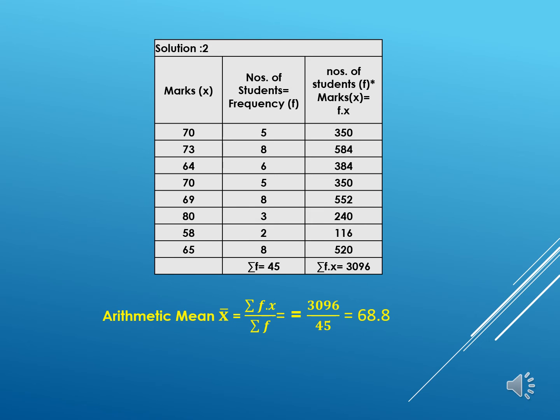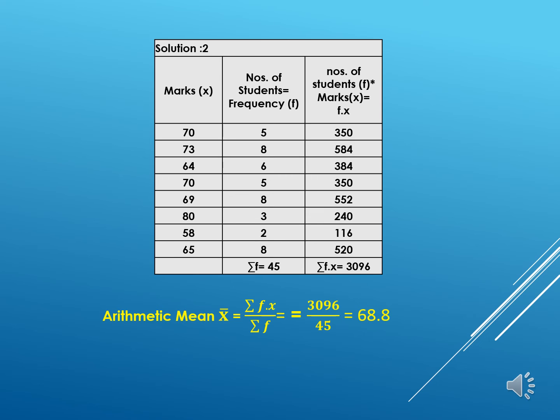So for the first row, the value 350 will be 70 into 5 equal to 350. Similarly, 73 into 8 is equal to 584. 64 into 6 is equal to 384. 70 into 5 is equal to 350. 69 into 8 equal to 552. And 80 into 3 is equal to 240.